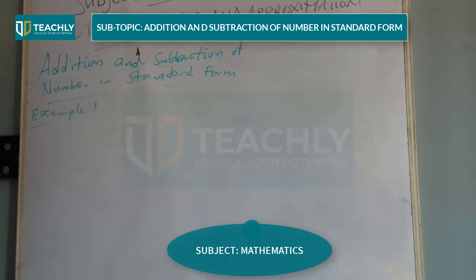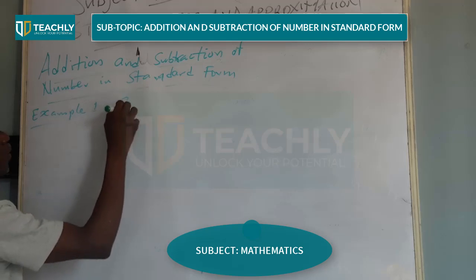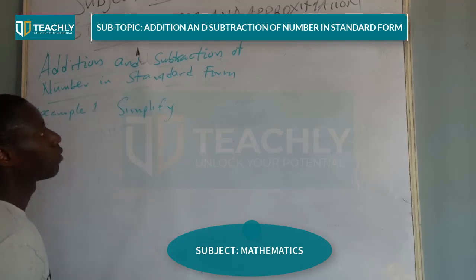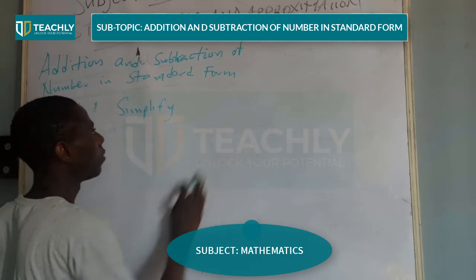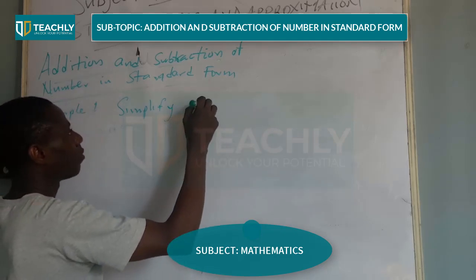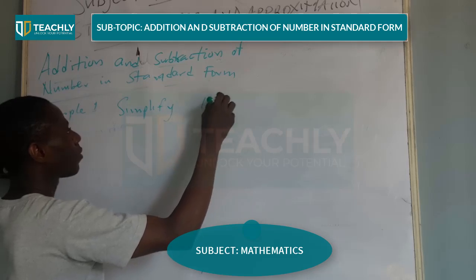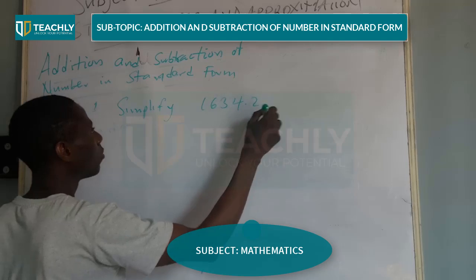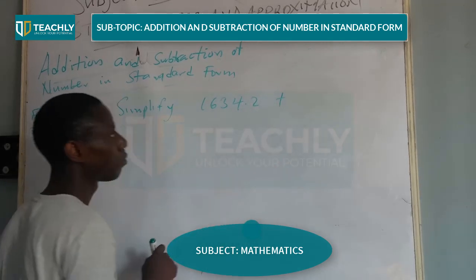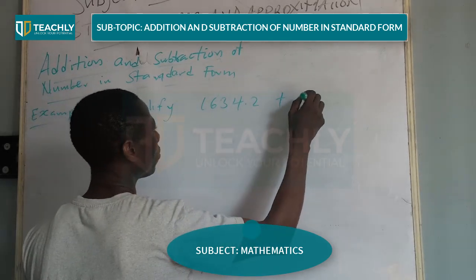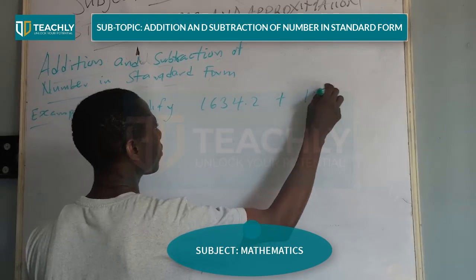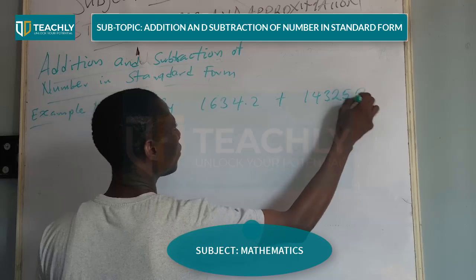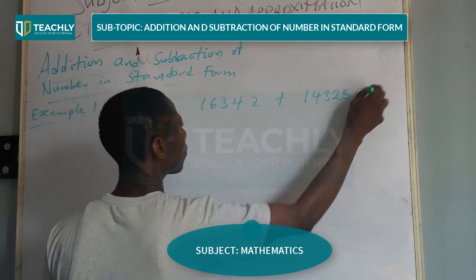Example 1. Simplify 1634.2 plus 1432580.